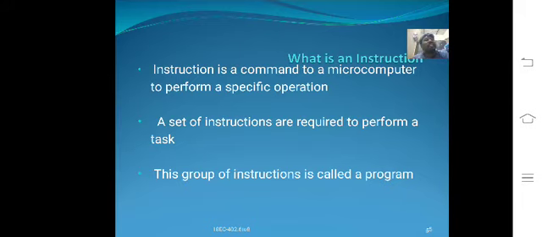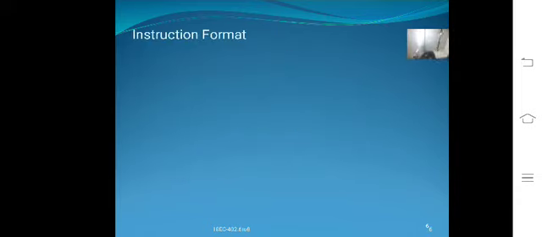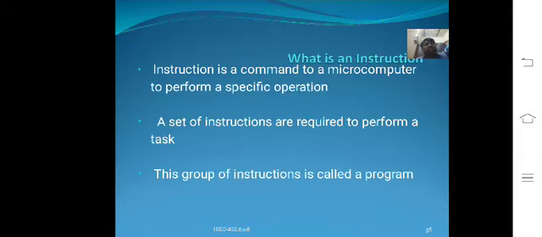We are giving the instruction to the microcomputer. The microcomputer takes that particular instruction and executes or performs the specific operation based on the instruction given by the user. Based on that instruction, the operation is executed in the microcontroller.